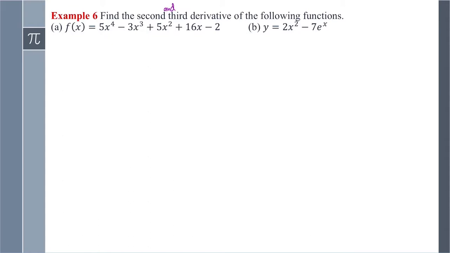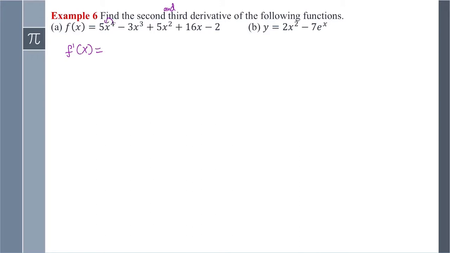Now, in order to find the second derivative, we must first find the first derivative. Without the first derivative, we cannot find the second derivative. So what we need to do is find the first, then we'll find the second, and then we'll find the third. So this is the function. Let's go ahead and find the first derivative. f prime of x equals, so same thing that we did earlier. So 4 comes down.